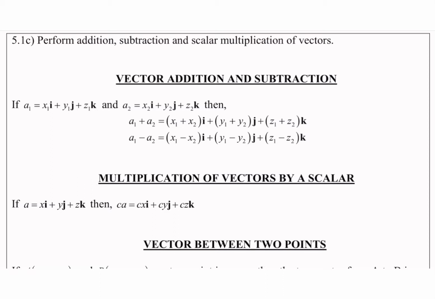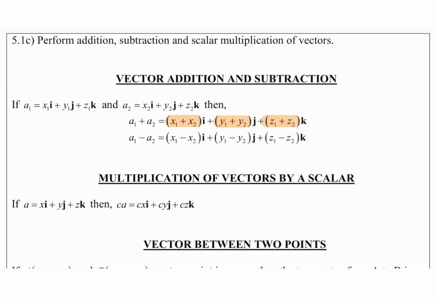Okay, so what is the vector addition and subtraction? If vector A1 is equals to x1i plus y1j plus z1k and vector A2 is equals to x2i plus y2j plus z2k, then vector A1 plus A2 is equals to (x1 plus x2)i plus (y1 plus y2)j plus (z1 plus z2)k.